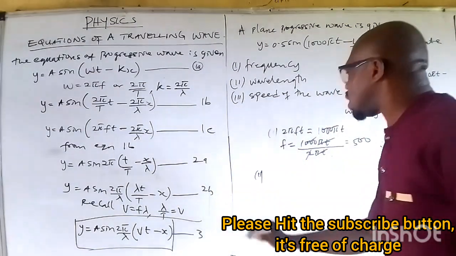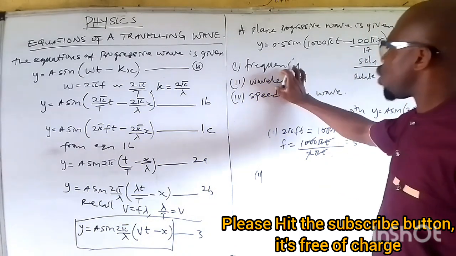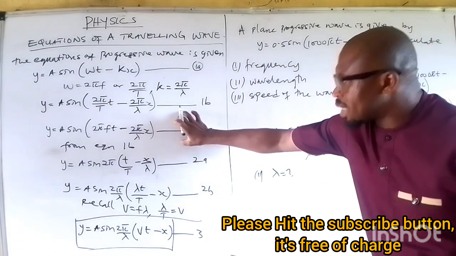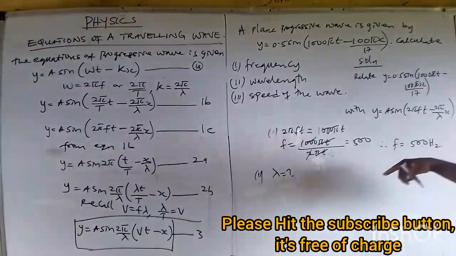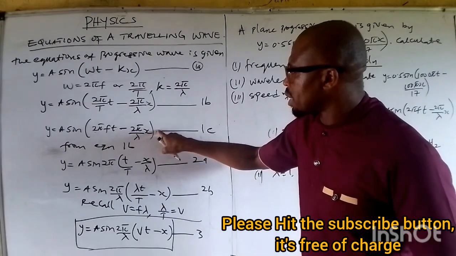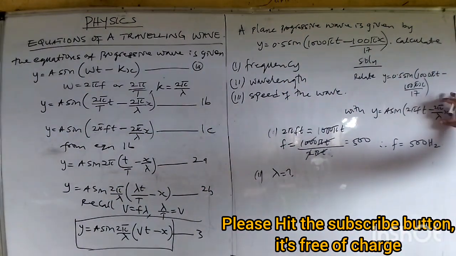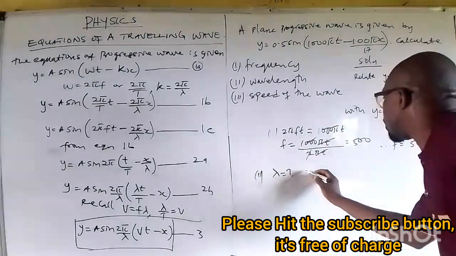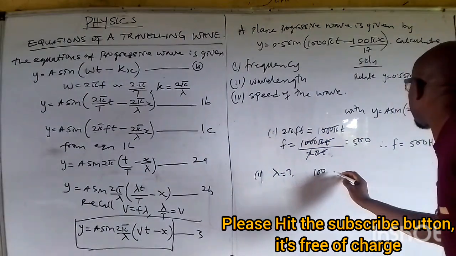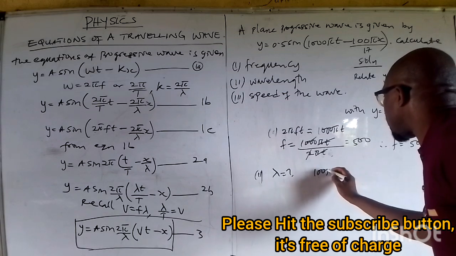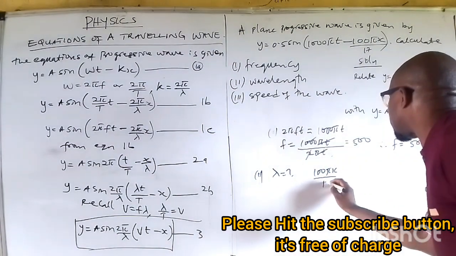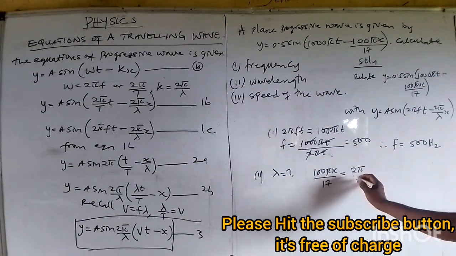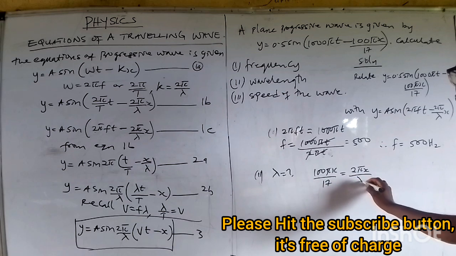The second one says calculate the wavelength. Since we're looking for the wavelength, we are still on that same equation. Wavelength is associated with x, so equate this with this. We now have 100 pi x over 17 is equal to 2 pi x all over lambda.